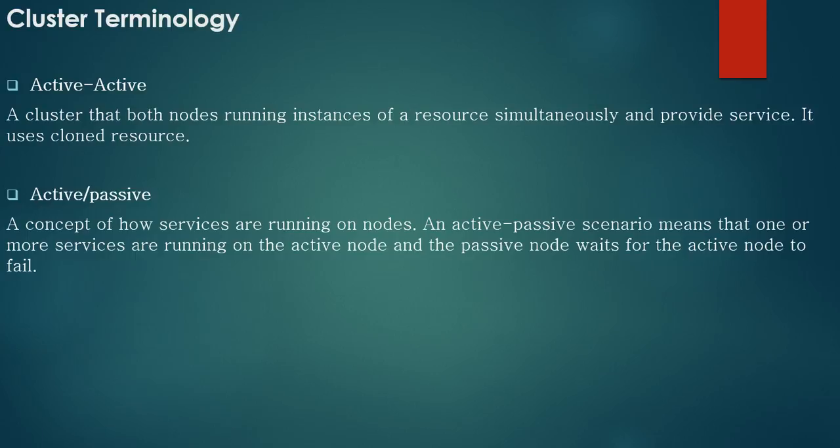Whenever node 1 is down or failed, it will move all the resources to node 2. It is also vice versa: if you're running resources on node 2 and it fails, it will move all the resources to node 1. This is how the setup is for active-passive.